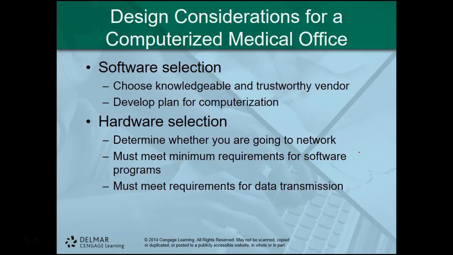To give you an idea of how the minimum requirements for data transmission must be met, you can now transmit more data through your smartphone than you could probably through one of the dial-up connections from 15 years ago.